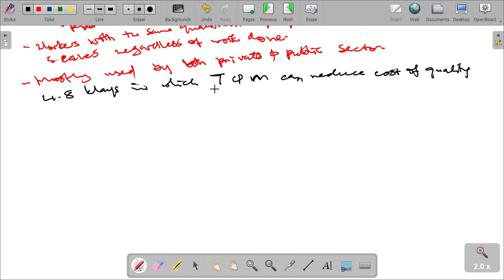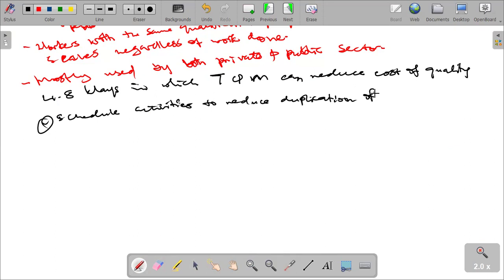One, it helps in terms of scheduling activities to eliminate duplication of tasks. Activities cannot be duplicated by having a schedule of activities. Activities can be scheduled properly.